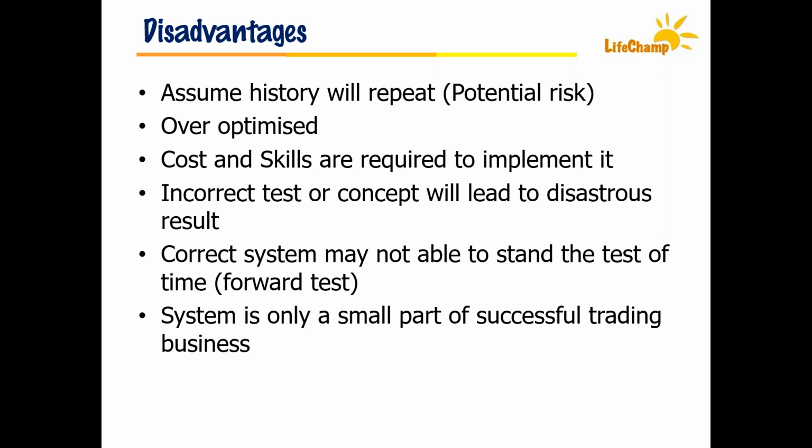And second will be sometimes you over-optimize a system where your system looks so perfect, and you make one trade in a year and it makes so much money, okay? But this is probably also not something that you are looking for.